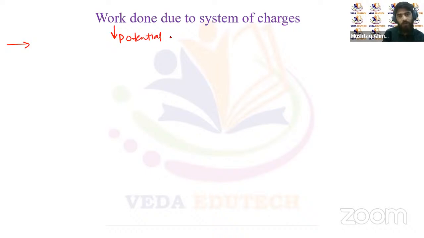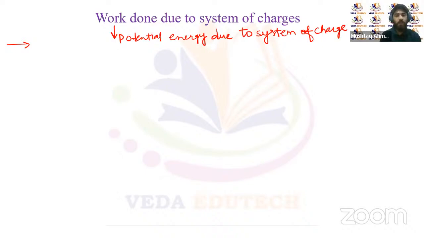So we have to calculate potential energy due to a system of charge. Let's suppose we have charge Q1 here, charge Q2 here, charge Q3 here, and charge Q4 here, right?